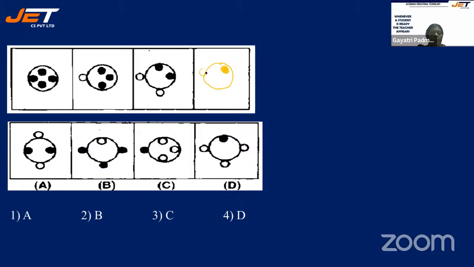Then 1, 2, 3, right? So where do you have this? It cannot be inside. Only 1, only 2, and this is also wrong. So it should be option D. Let's see the answer. Yes, it is option D. If you had opted for option D, then your answer is correct.